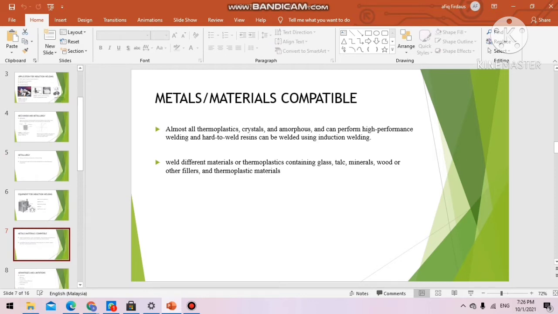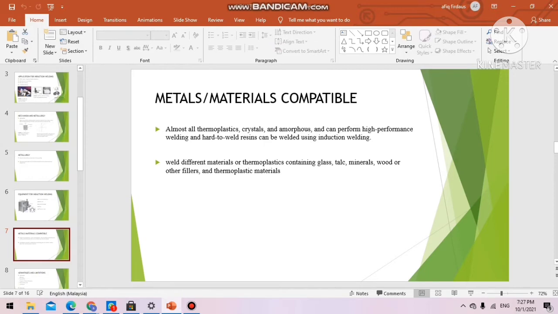The purpose of the induction generator, depending on its application, is to convert the supply to radio frequency with power between 1 and 5 kW. The work coil impedance must be aligned with the generator output impedance for consistent function and efficiency.